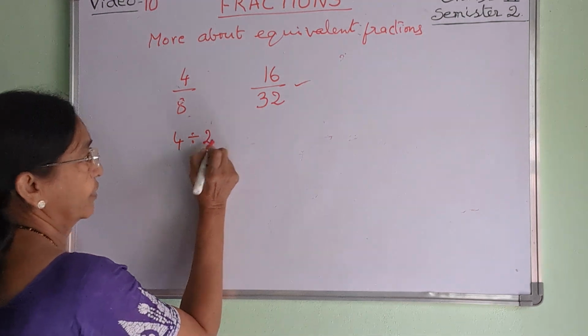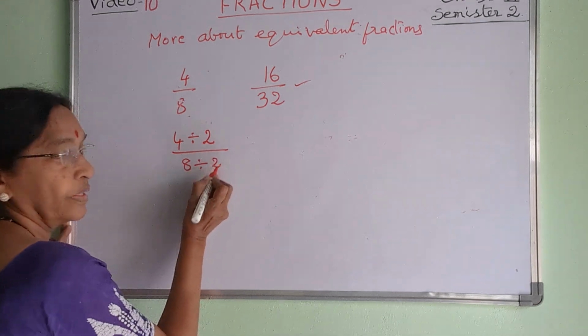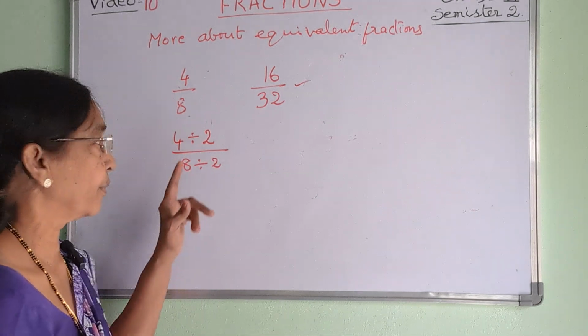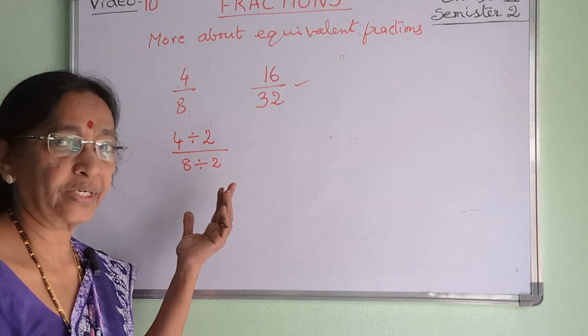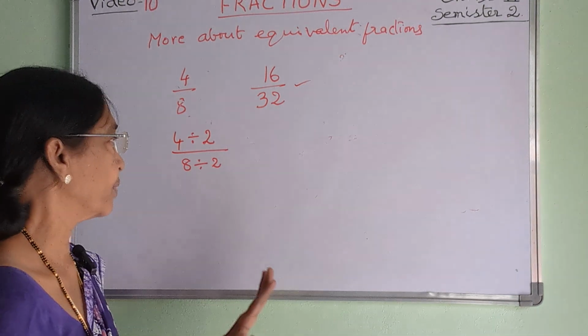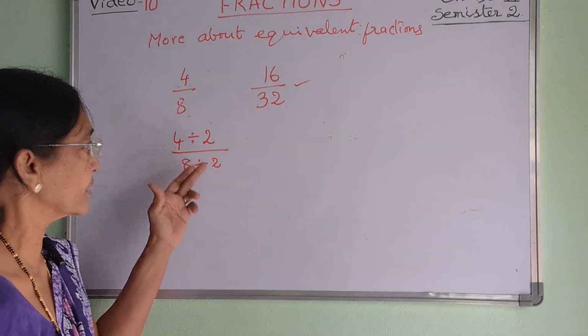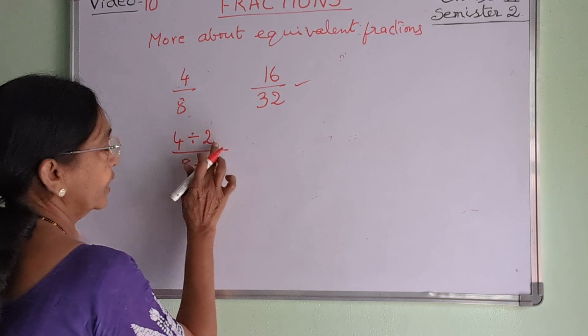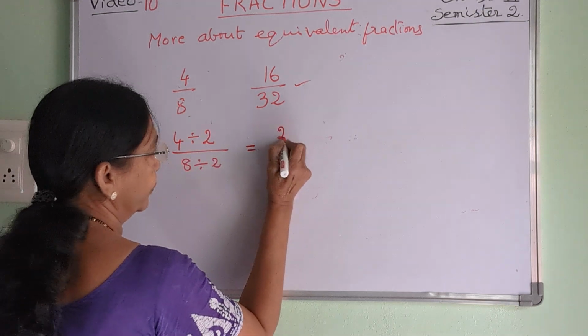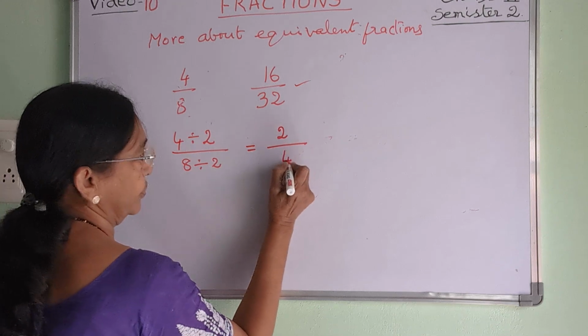Therefore 4 divided by 2, 8 divided by 2. Whatever number you take, you have to divide the numerator and denominator by the same number. So 4 divided by 2 is equal to 2 and 8 divided by 2 is equal to 4.